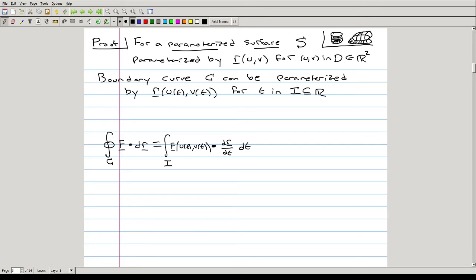This is how we evaluate our line integral in general along a parameterized curve.